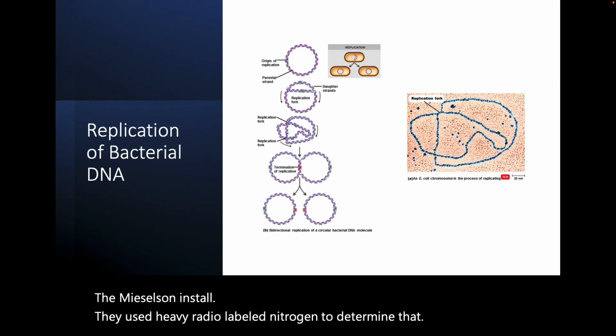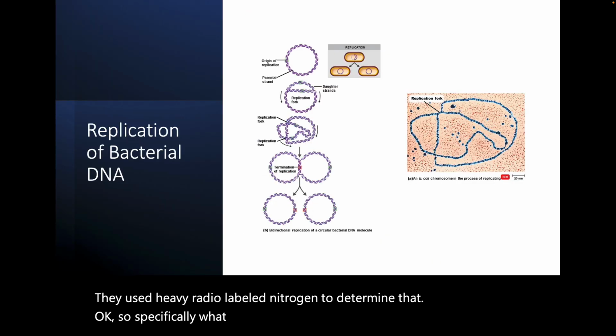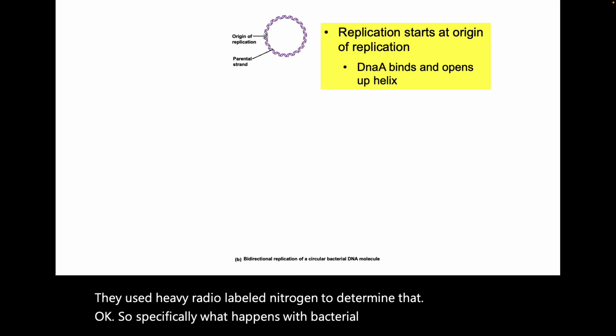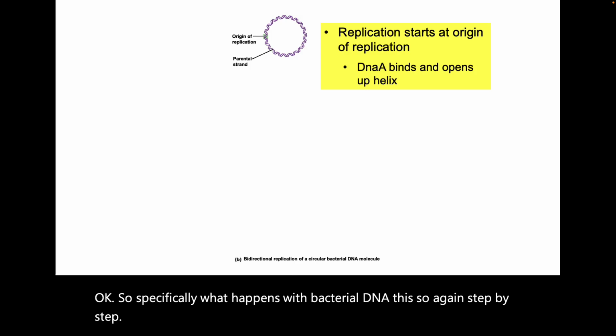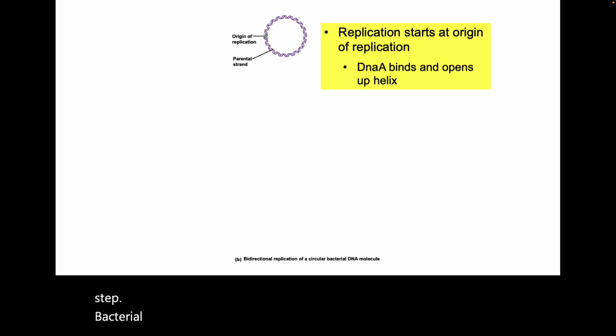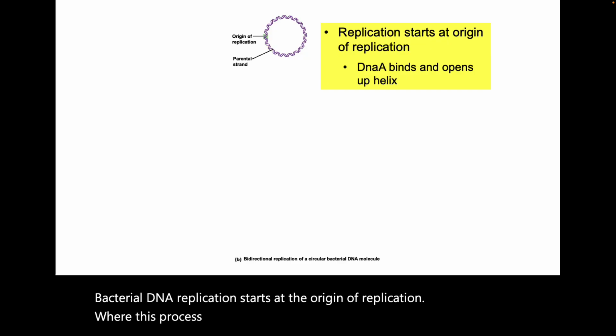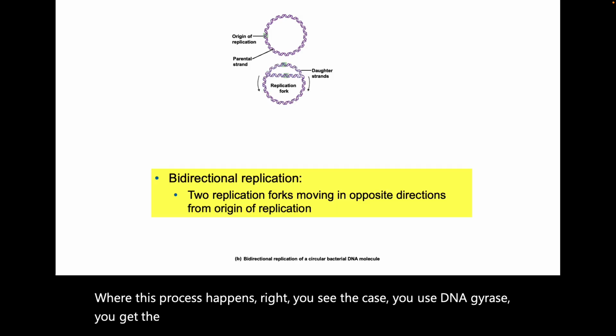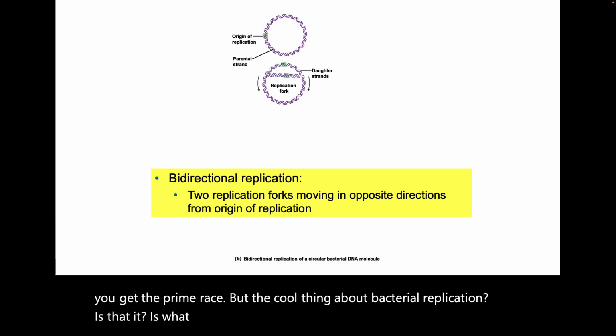Okay, so specifically what happens with bacterial DNA? Again, step by step, bacterial DNA replication starts at the origin of replication where this process happens, right? You use helicase, you use DNA gyrase, you get the primase. But the cool thing about bacterial replication is that it is what we call bidirectional.